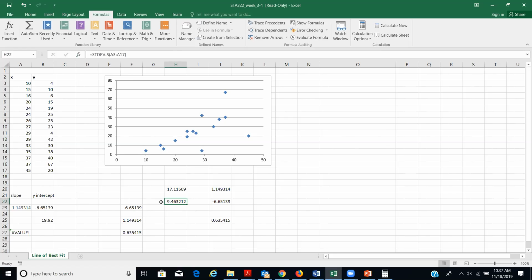So standard deviation tells us how spread out the data are. There are standard deviations that can be as low as 2 or 3, or even one.